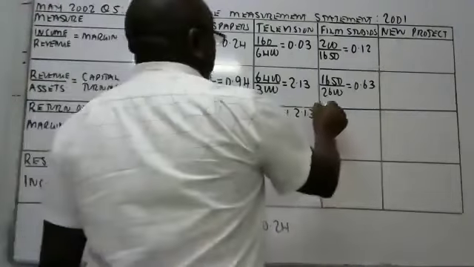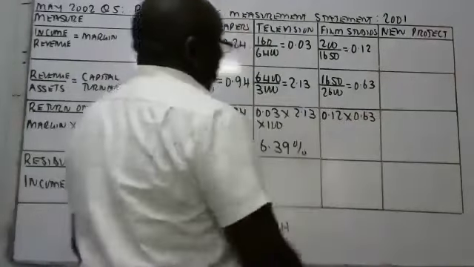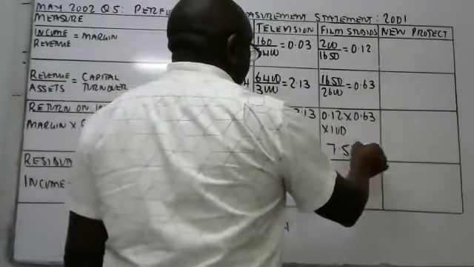And this other one is 0.12 times 0.63, which gives 7.56.